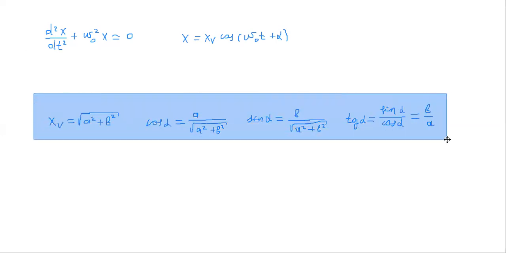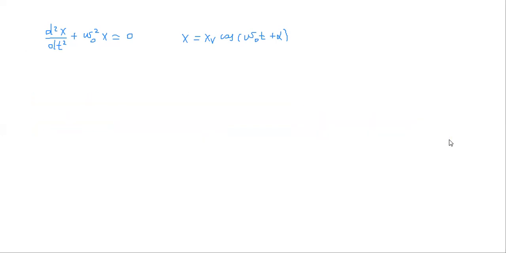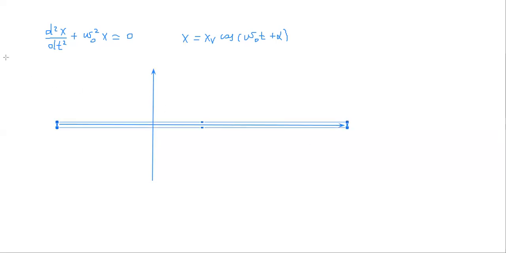And let's try to draw a graph of this. It is quite simple and easy to do. The graph of cosine is well known from math.